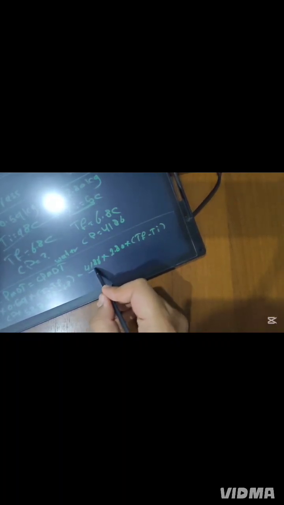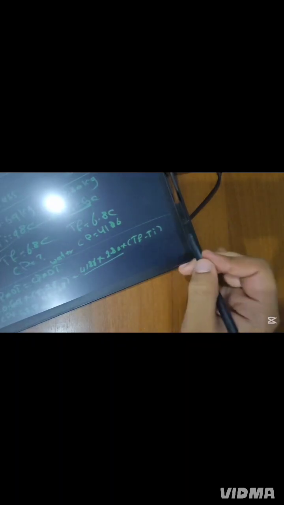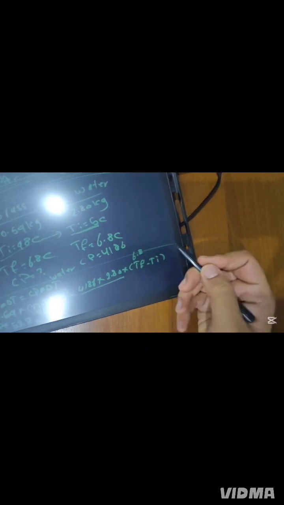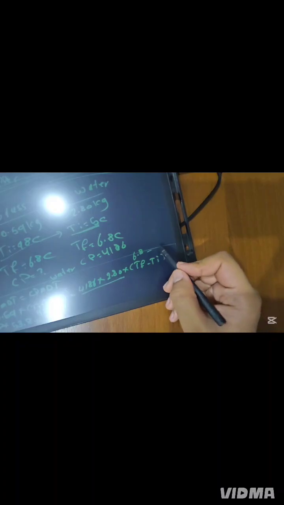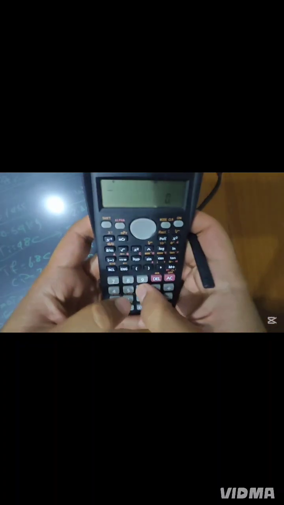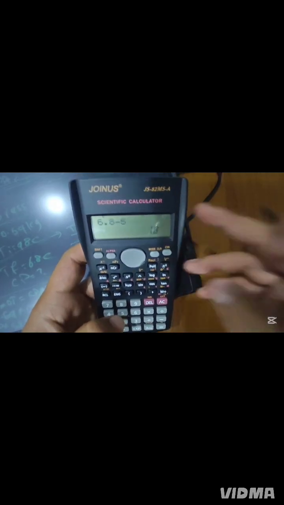Tf minus Ti. Tf, we said, is 6.8 for both of them, minus Ti of the water, which was 5. So 6.8 minus 5, the answer is 1.8.